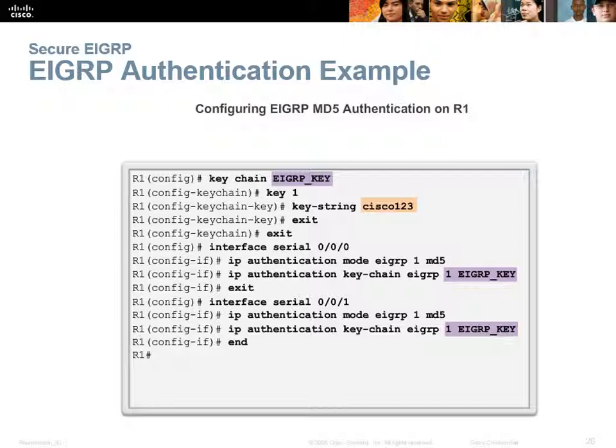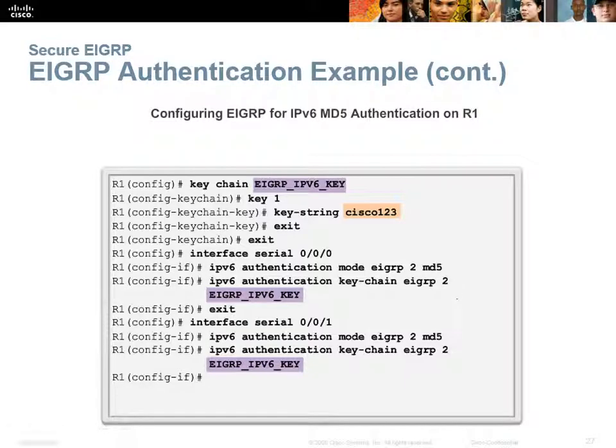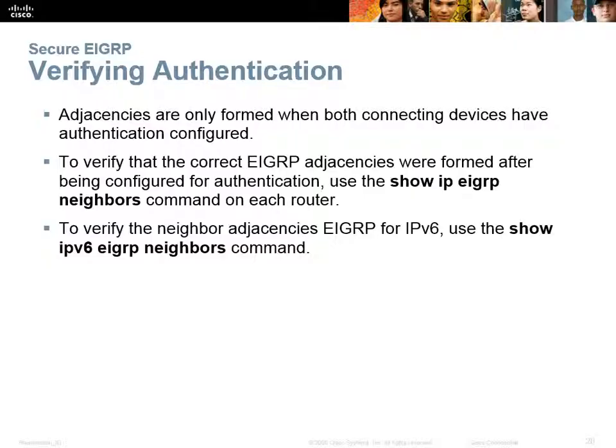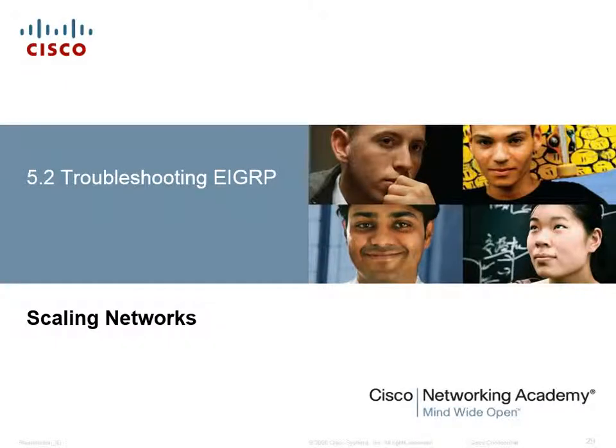So unless you know my key string is Cisco123, any traffic coming out of the serial is going to be in an MD5 algorithm. And it's the same thing with IPv6. You just put ipv6 key. Pretty simple. Verify identity.